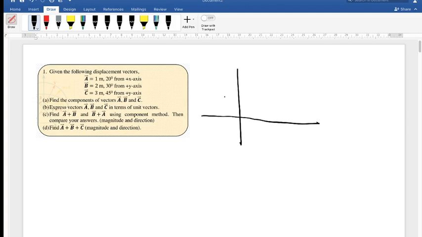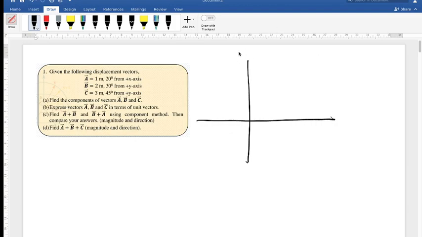Okay, so xy axis. So here, a straight line, so this is your y, x of course.